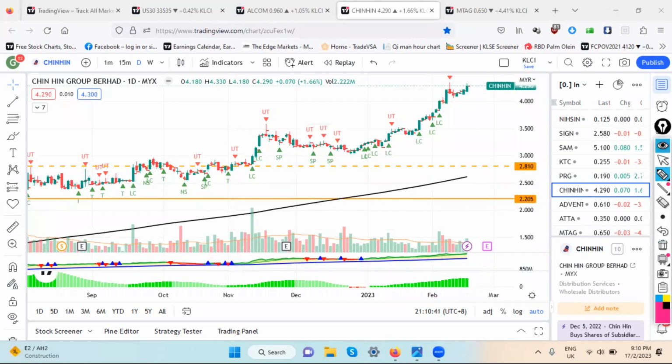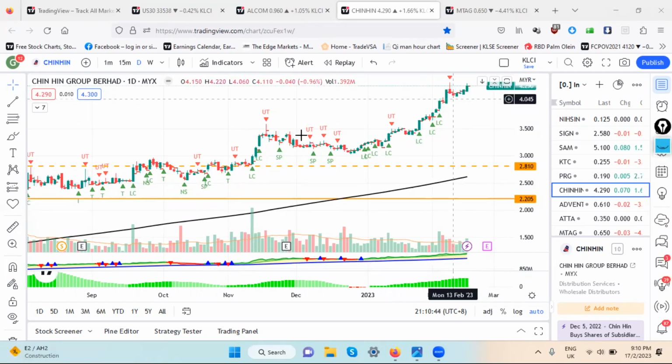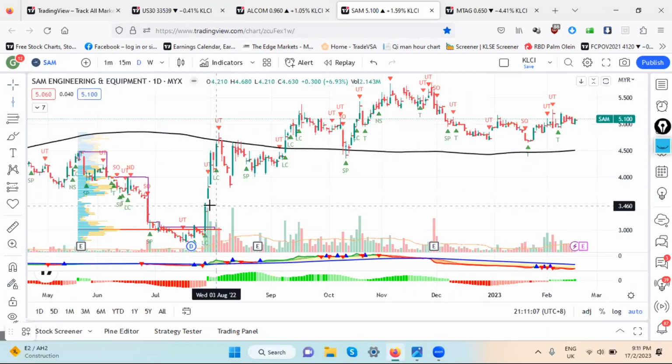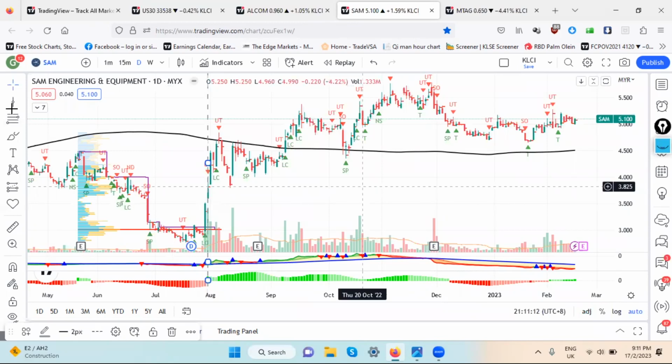Let's take an example. For this Jinhin, maybe it looks like it is already moving out, so I choose the same engineering. When you have a stock like this, first use the vertical line to mark the changing position, and also here is the changing position.